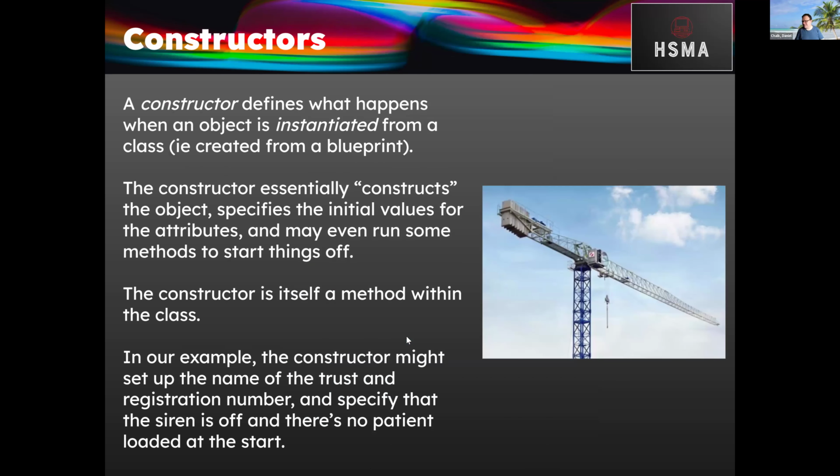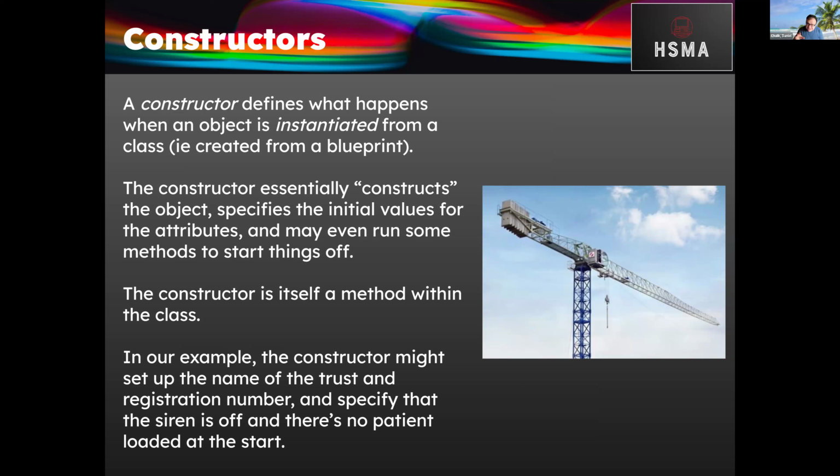We also talked in Principles of Programming about the concept of a constructor. A constructor is basically something that defines what happens when we go through this process of instantiation, when we create an object from a class, from the blueprint.